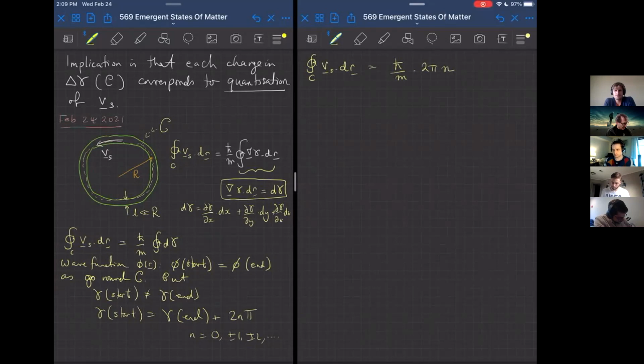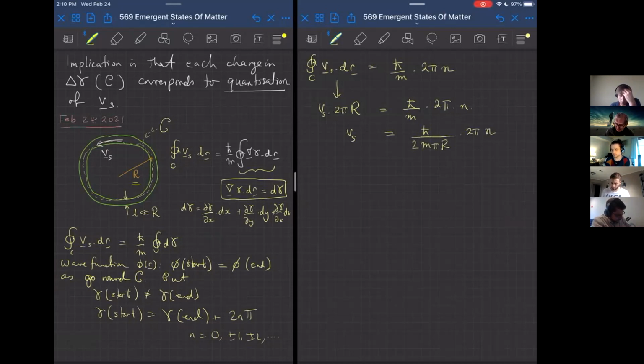And what is this integral of Vs dot dr? Well, this we can just simply write as Vs times 2πr, where r is the radius over here. And so what we have then is that this is equal to ħ over m times 2π times n. And so you can see that the velocity is just ħ over m times 1 over r, times n.